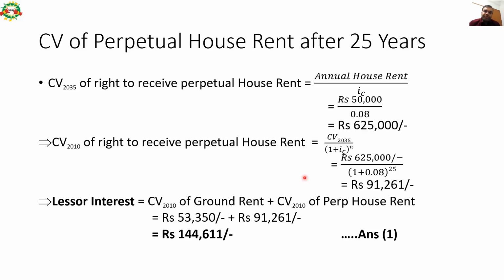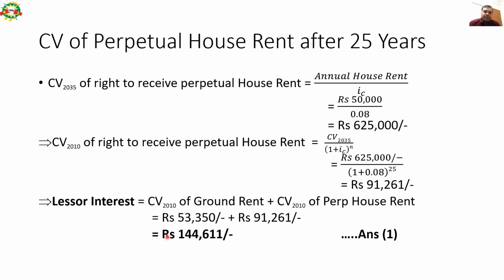Now we have to discount it to present value in 2010, which gives us the capital value of 2035 divided by (1 plus IC) raised to n. So that is the formula for calculating present value. So ₹6,25,000 we will receive in 2035. So the present value of that 6.25 lakh, which we are likely to receive in 2035, is 91,261.